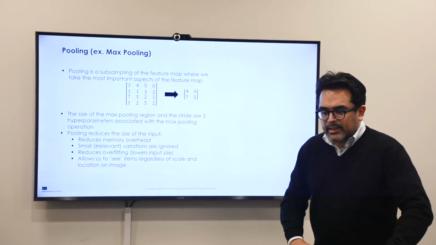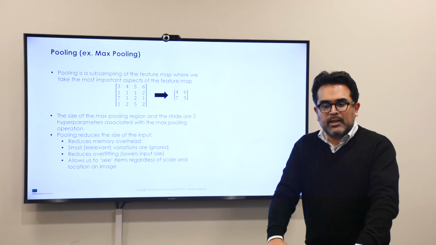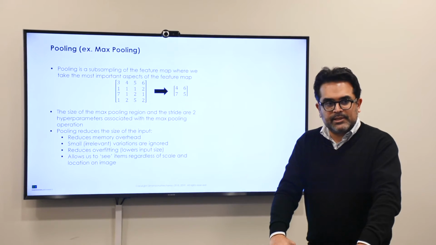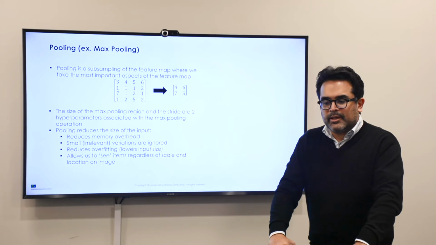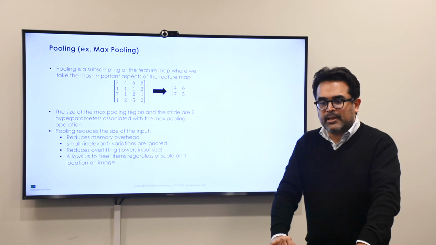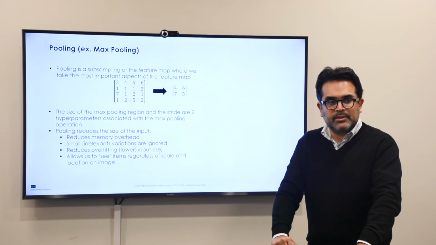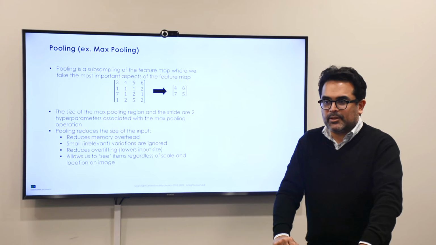The thing that max pooling will do is remove non-essential or insignificant pieces. If your convolution is a rotation, then things that are not relevant in that rotation, it will eliminate.